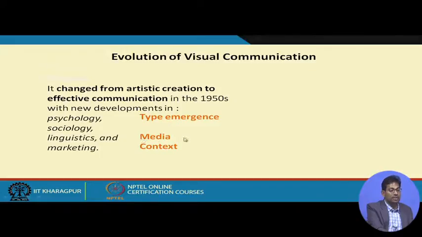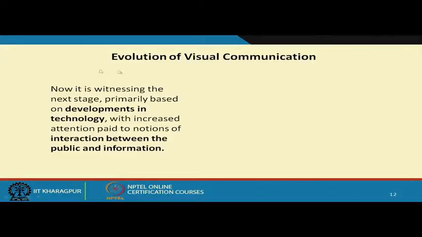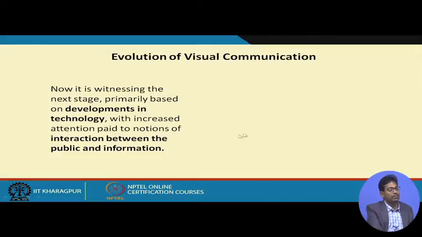The emergence of media was taking place, and also a different context was being set, which was basically depending on a new consumerist, globalized consumerist approach which was taking up, and that was shaping up the next developments in terms of visual communication design. And today we are in a phase where we are witnessing the next step, where the developments are primarily in terms of technology.